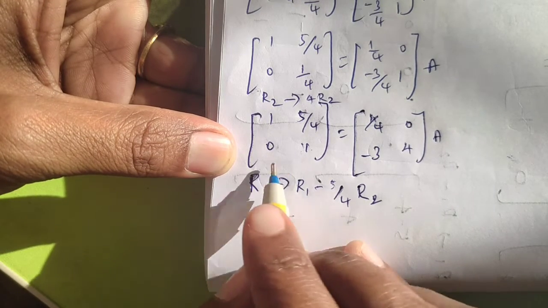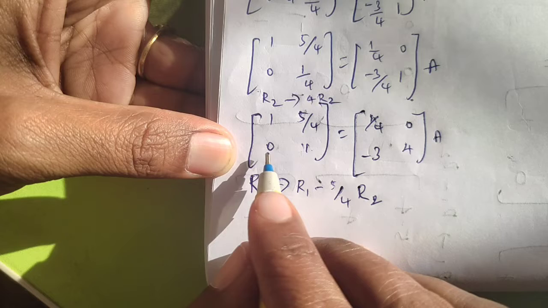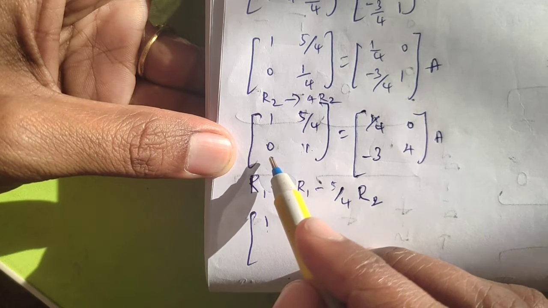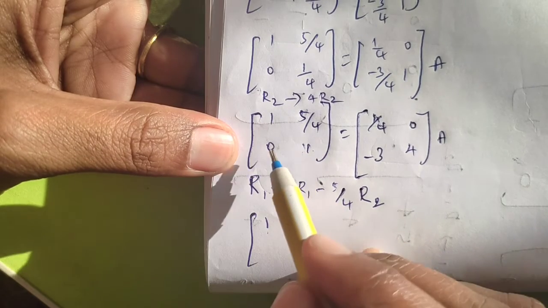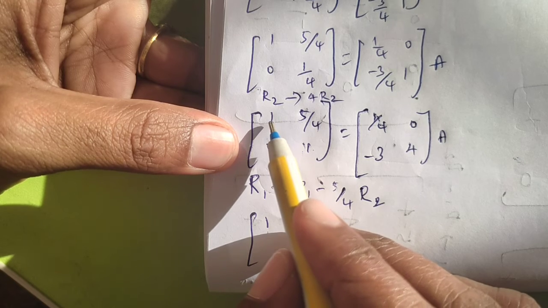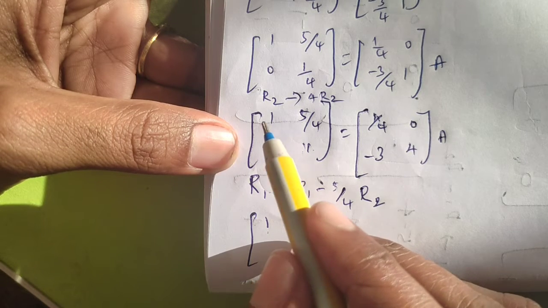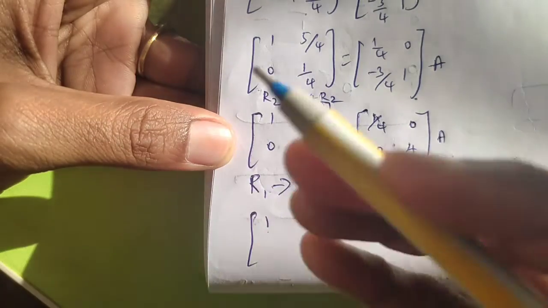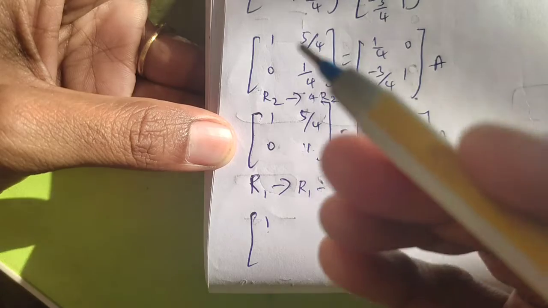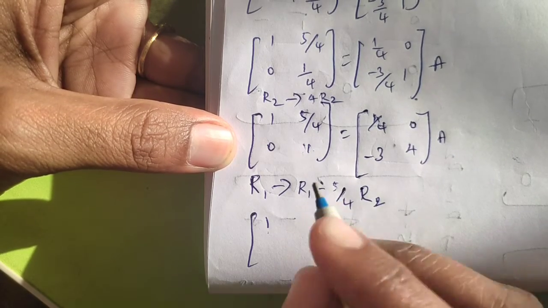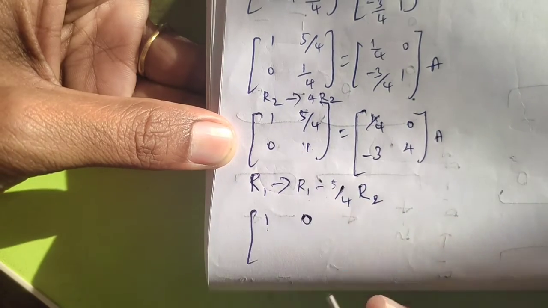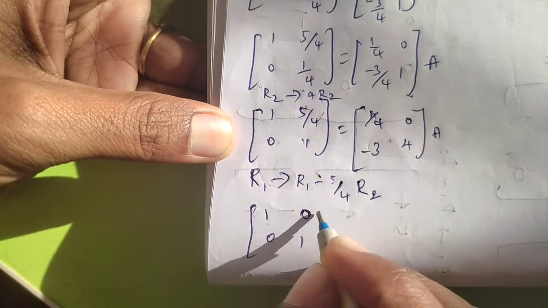Why we are doing it with the help of R2 after making this 0 is, if suppose we have some other element in this place, I'll get some other value, so the 1 will be replaced with other numbers and the process will go on repeating. That is why we are following the steps one by one. So R1 minus 5 by 4 into R2, this will become 0, 1.